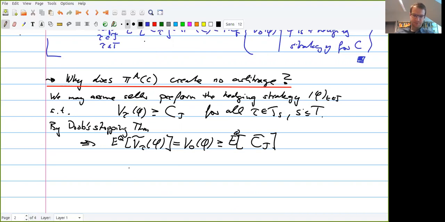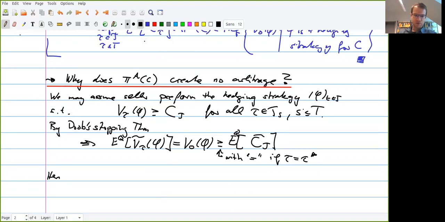And we actually have equality here if we choose our tau optimally. So if the buyer of the option exercises optimally, we have equality. And this is what we have proven this time and last time.